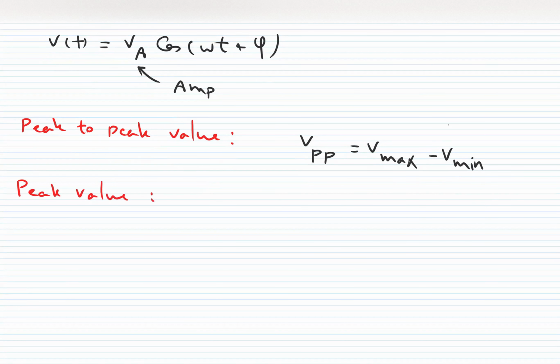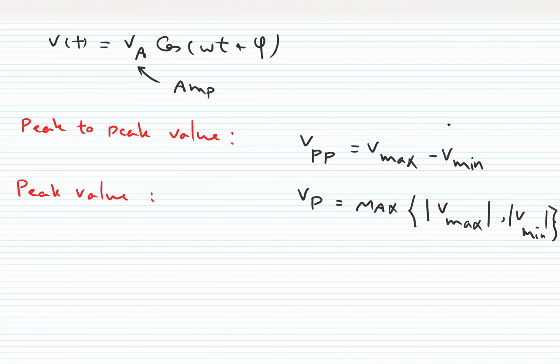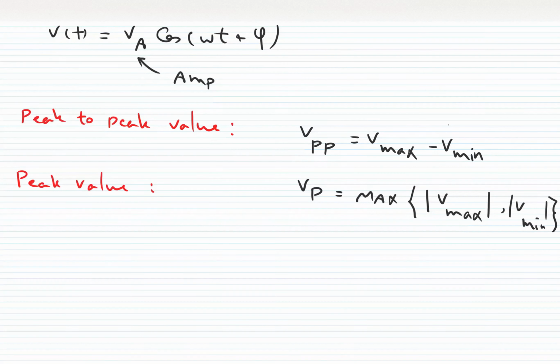Peak value, which we show with V sub P, is the maximum of the absolute value of V max and V min. So we have the absolute value of V max and the absolute value of V min. Whichever one is bigger, we consider it as V peak.